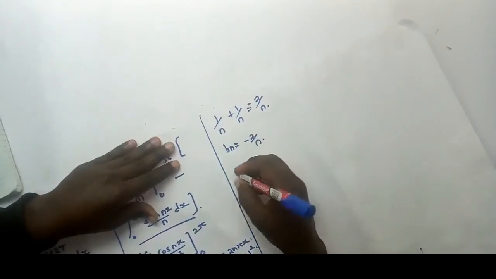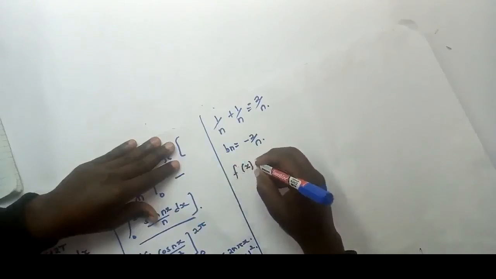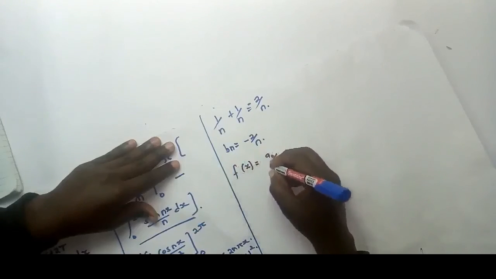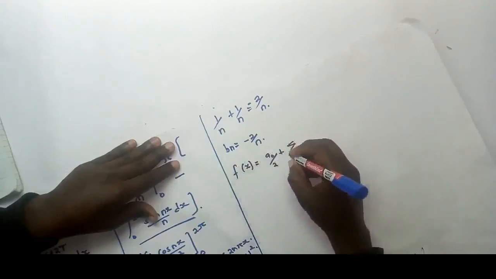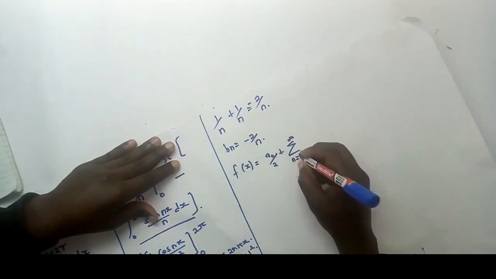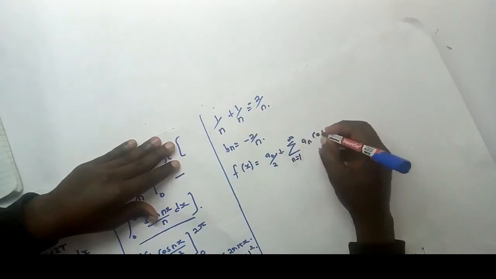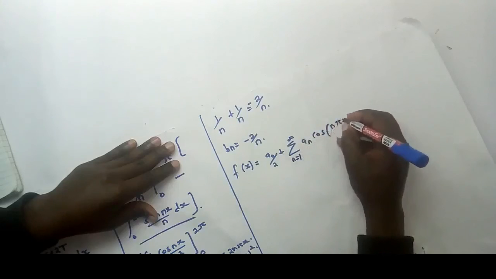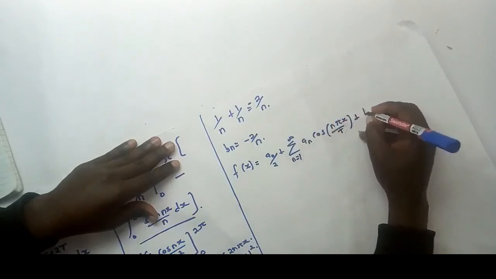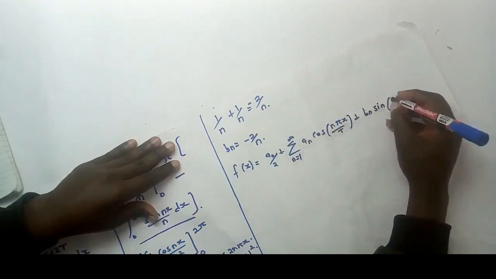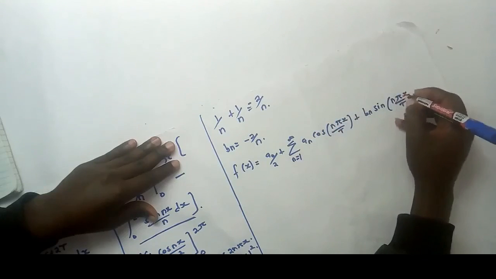So our expansion now will be f of x is equal to a naught over 2 plus summation from n equal to 1 of an cos n pi x over t plus bn sin n pi x over t.